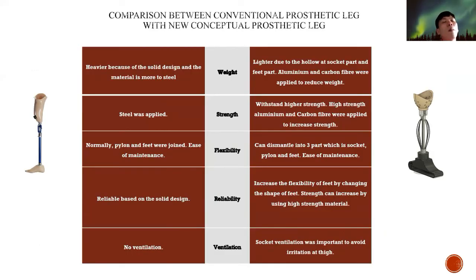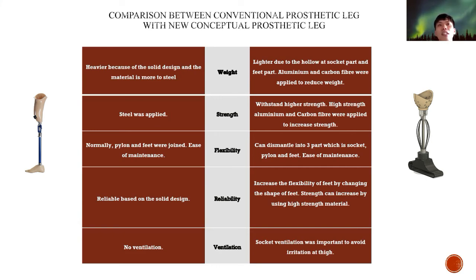Now I want to show you the comparison between a conventional prosthetic leg and the new conceptual design of the prosthetic leg. There are 5 parameters I'm going to discuss. The first one is weight. The conventional prosthetic leg is very heavy because of the solid design and the material is mostly steel, whereas the new design is lighter due to the hollow socket and foot, and the lightweight materials applied, which are aluminum and carbon fiber.